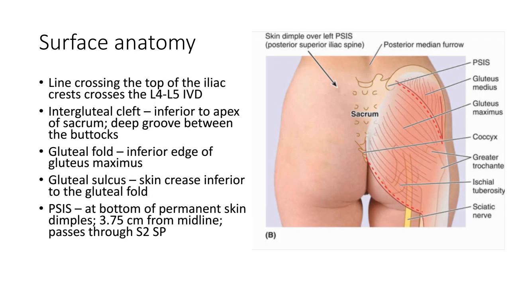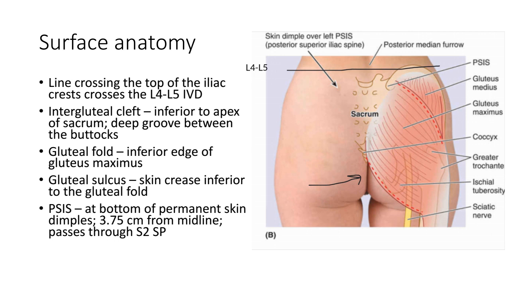For surface anatomy, we want to look at, well, there's a line that crosses the top of the iliac crests. That's crossing the L4-5 intervertebral disc. And then there's the intergluteal cleft, which is inferior to the apex of the sacrum. It's the deep groove between the buttocks. There's also the gluteal fold.